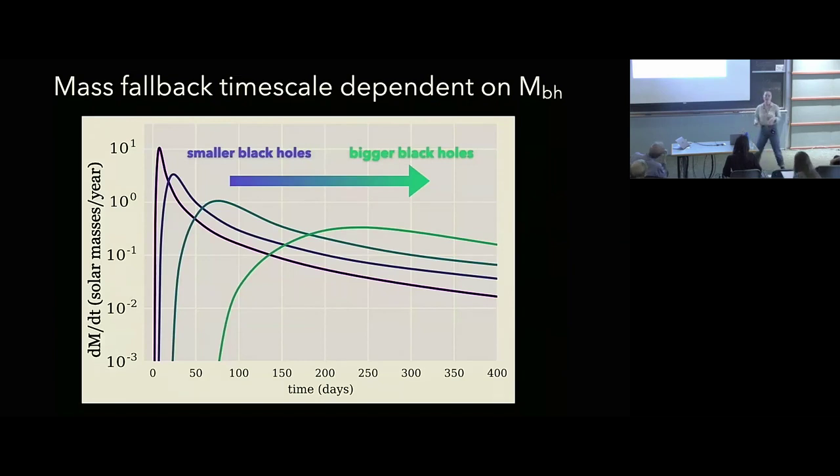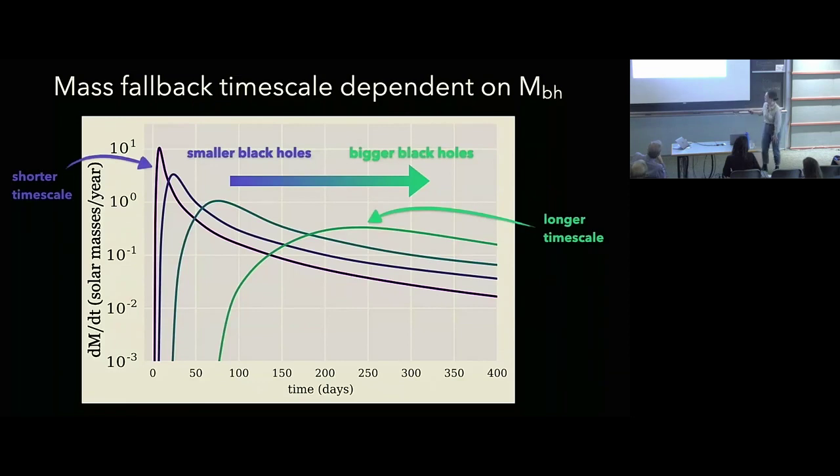The way that I like to think about that is basically the black hole mass is a constant in the equation in the mass fallback timescale. And so if you're increasing the mass, it's just spreading the debris further apart in time. It's increasing the energy of all of them, but it's spreading it in time. And so you get material returning at later times across the board.